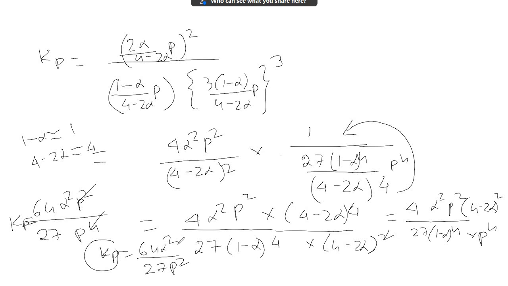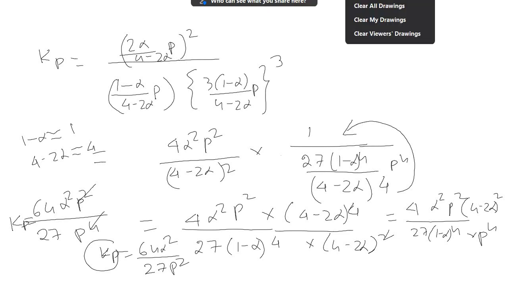This is the way of expression of the Kp in terms of degree of dissociation. Now I will do one more way of expressing Kp, that is in terms of Kn. Look at here how I am doing it. Same equation I am taking.